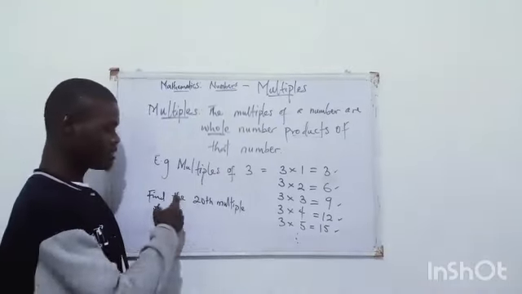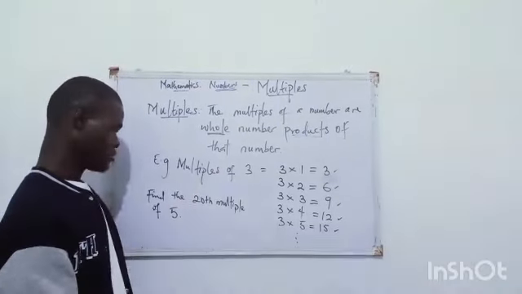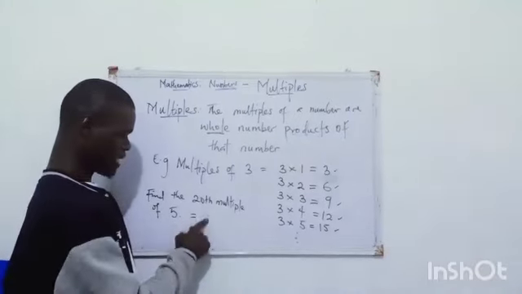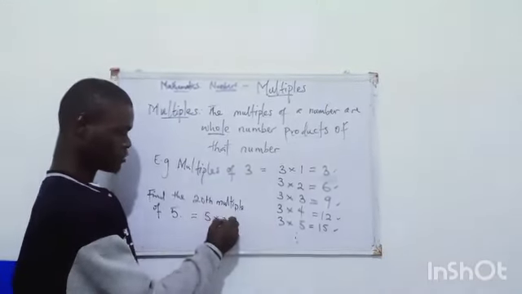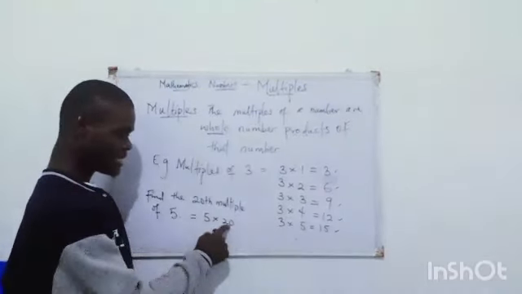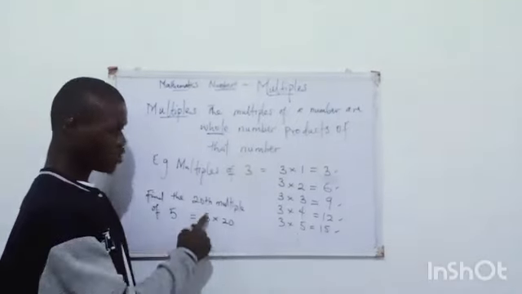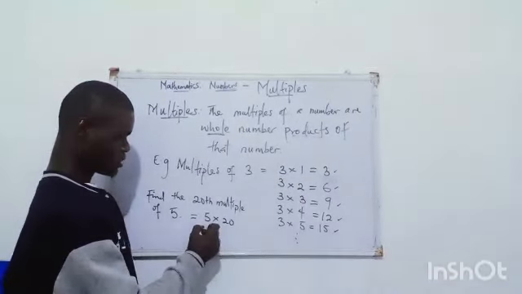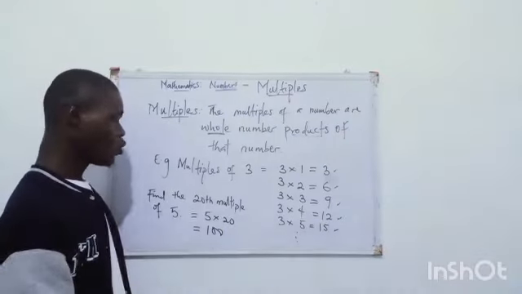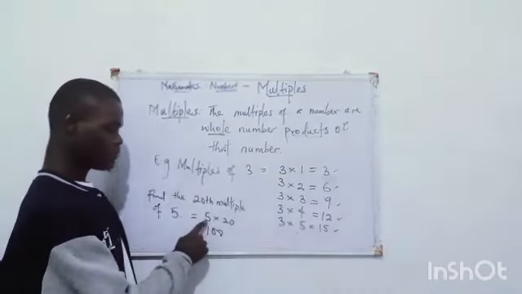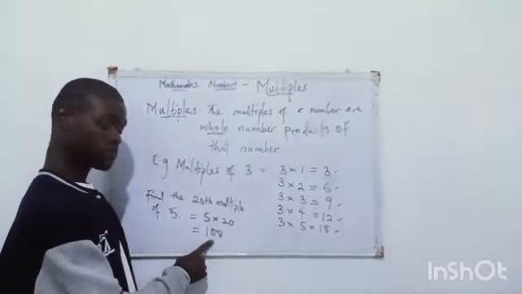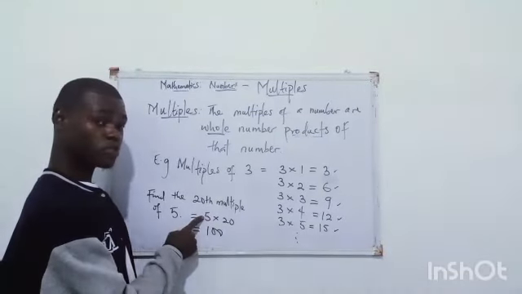It means 5 multiplied by 20. So that's all. So the 20th multiple of 5 is just simply what? 5 multiplied by what? 20. Let me write this out first of all. 5 times 20 is going to give us 100. So 100 is the 20th multiple of 5. Mind you, we can also say that 100 is the fifth multiple of 20.